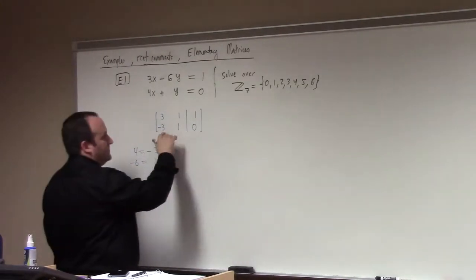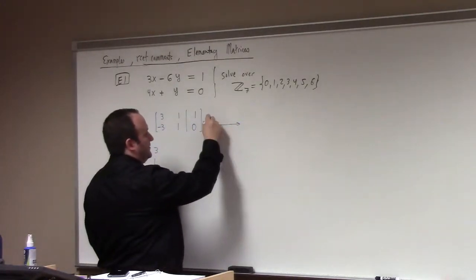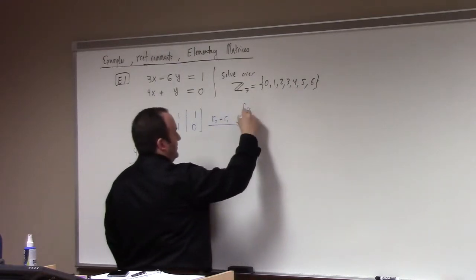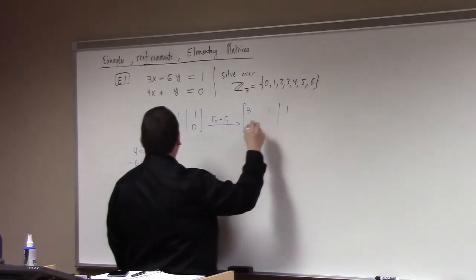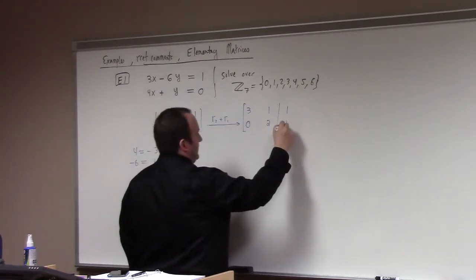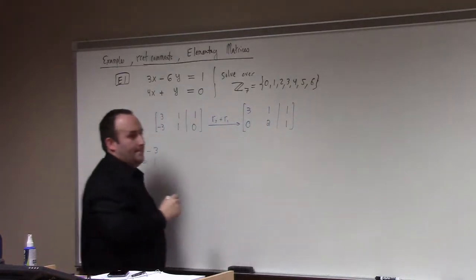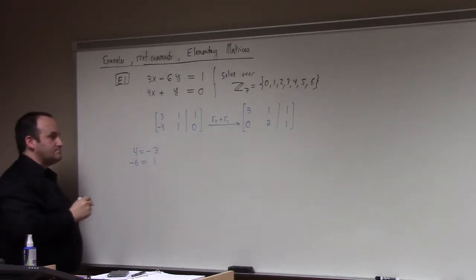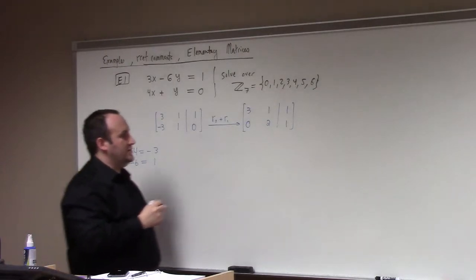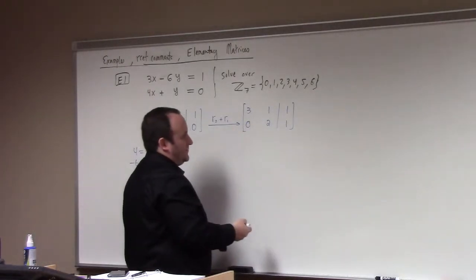Now, I like that, because now I can be pretty lazy, right? Like row 2 plus row 1, we get 3, we get 1, you get 1, you get 0, you get 2, you get 1, right? Let's see here. Next, this forward pass is pretty much done.